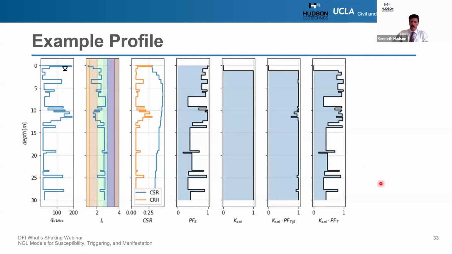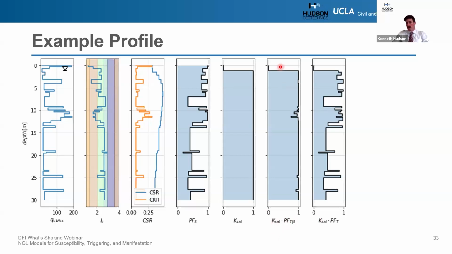Then we can calculate that probability of triggering conditioned on susceptibility everywhere through the profile here, which you can see is a really high probability of triggering given susceptibility because this CSR is very large at this site relative to what the tip resistances are. So you can see we have a really large probability of triggering given susceptibility. You can see here we're actually multiplying this by Ksat. This is our saturation term.